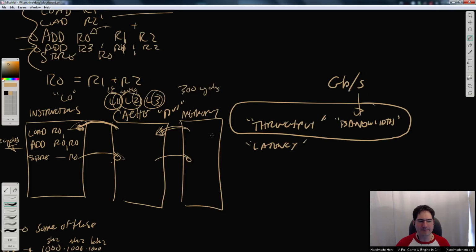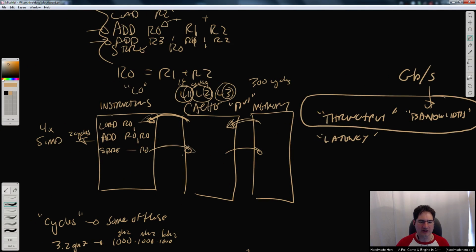What that means is that if we literally just issued a load, had to wait for it, and all of our instructions were operating on whatever was loaded, we would literally suffer a 300 cycle delay while all of these instructions wait for the result of this load to come back. Pretty horrible, because 300 cycles is a ton of cycles. Add, like I said, is like 2 cycle throughput. So it's just a massive hit.